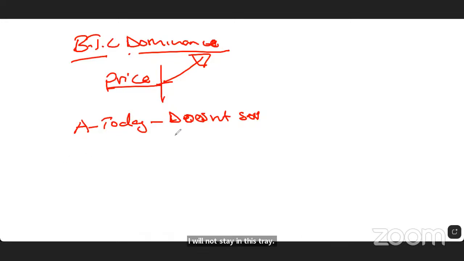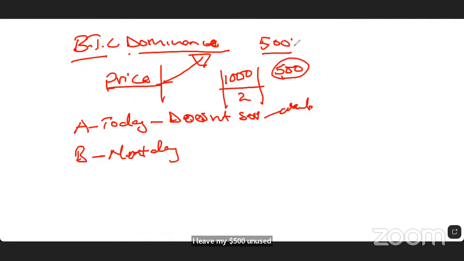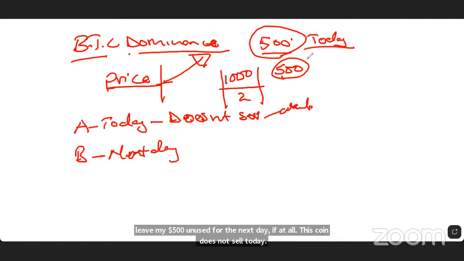The next day, I will trade coin B. So if I have my $1,000, I will say with this strategy, I will divide my capital into two and expose $500 per coin. I leave my $500 unused for the next day, if at all this coin does not sell today. If you have understood that, give me one.